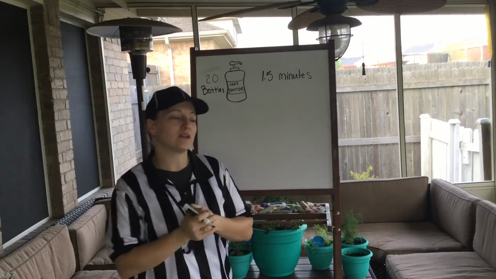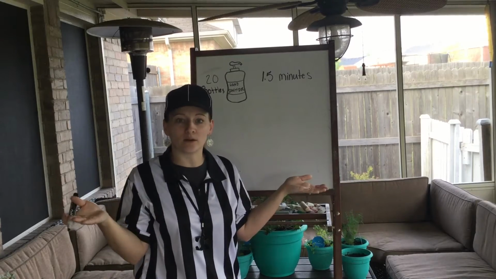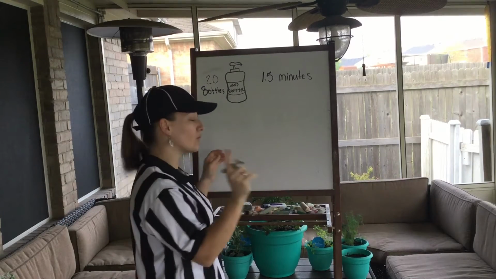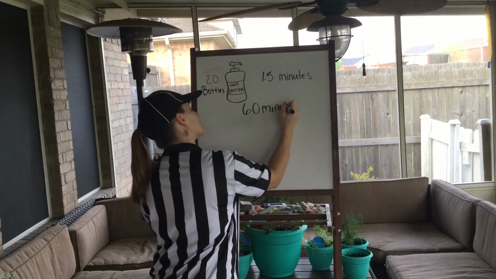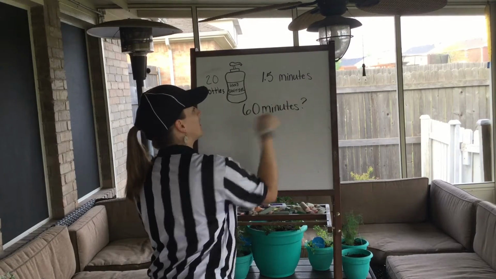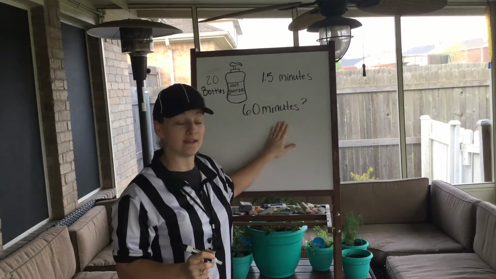What our question would be is, how many bottles of hand sanitizer could they make in, say, an hour? So 1 hour would be 60 minutes. So we're looking for how many bottles of hand sanitizer could they make in 60 minutes.